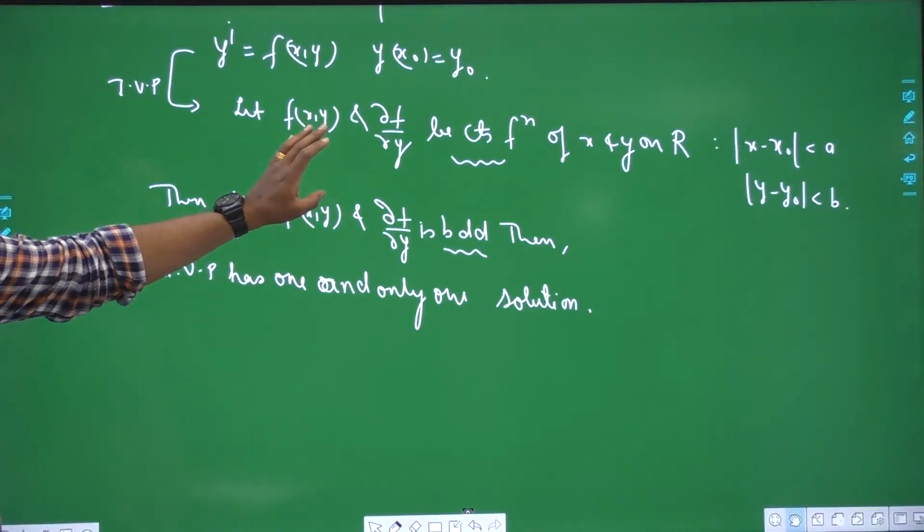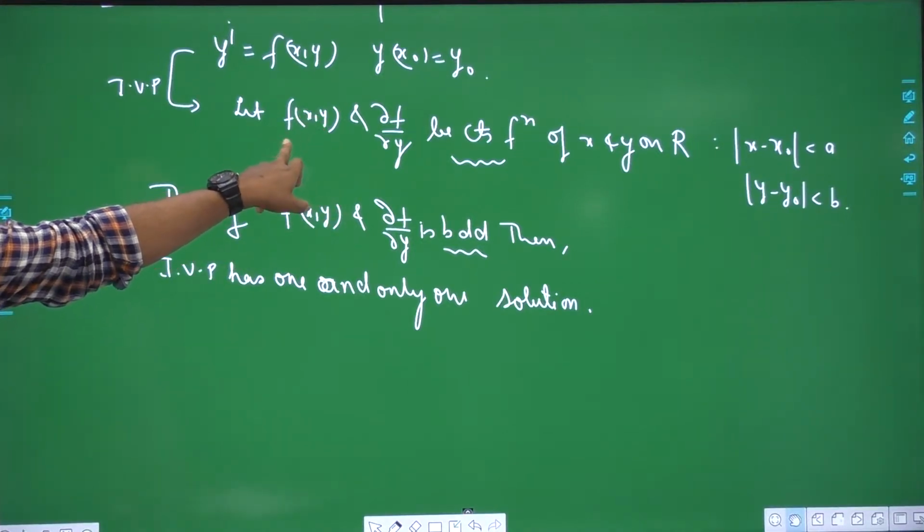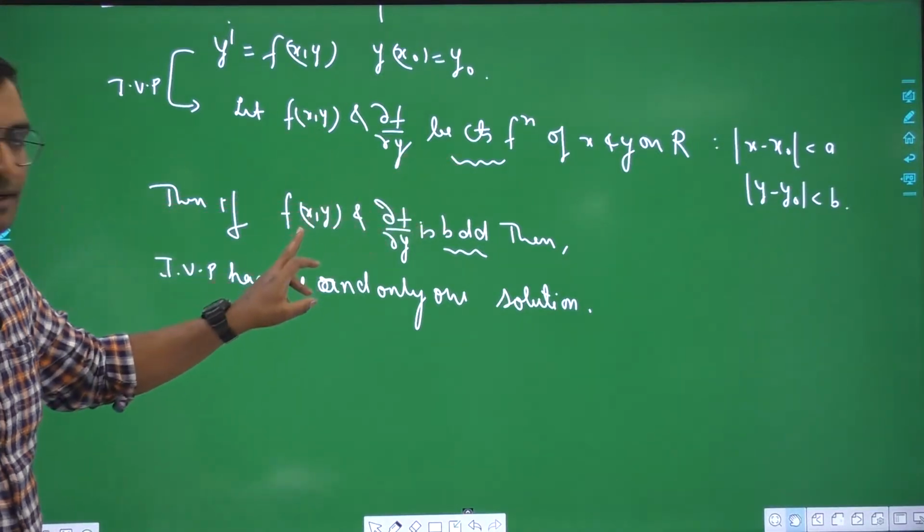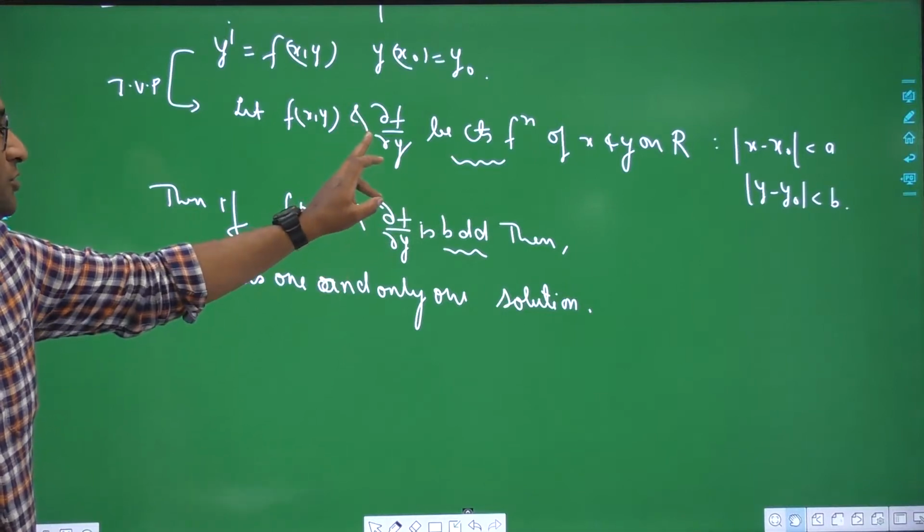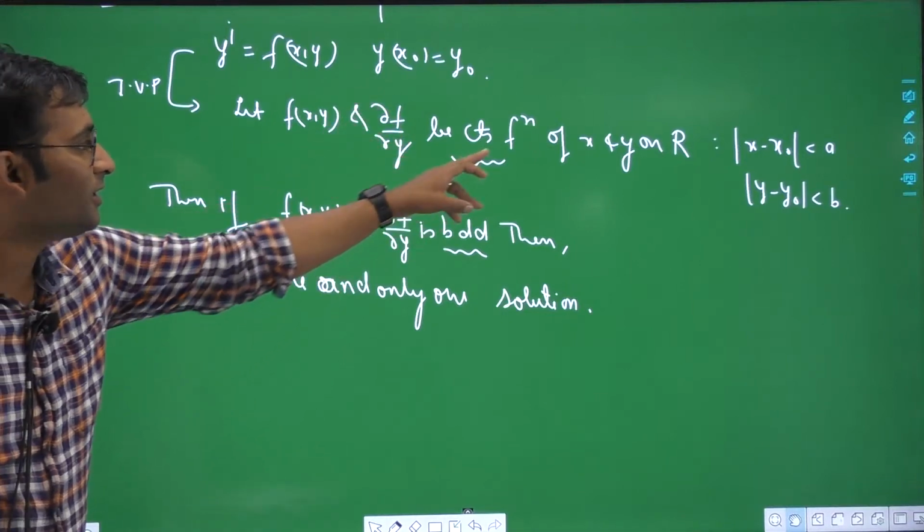So in order to have an existent solution, you need your f(x, y) to be continuous and bounded. And in order to have a unique solution, you should have your del f upon del y continuous and bounded.